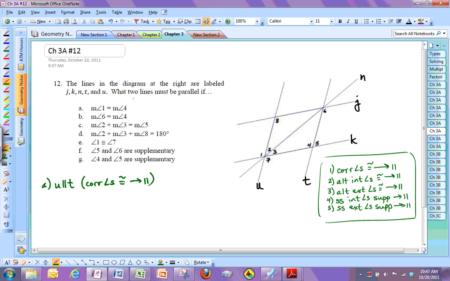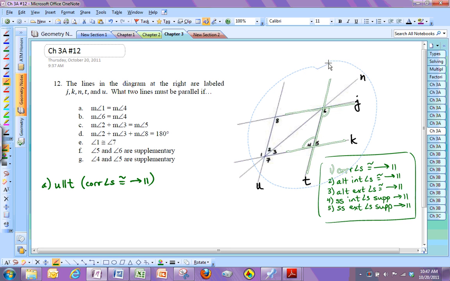Okay, now let's look at 6 and 4. So 6 is formed by this line here, J, and this line here, T. And 4 is formed by T again, and this line, K. So here's 6, here's 4.